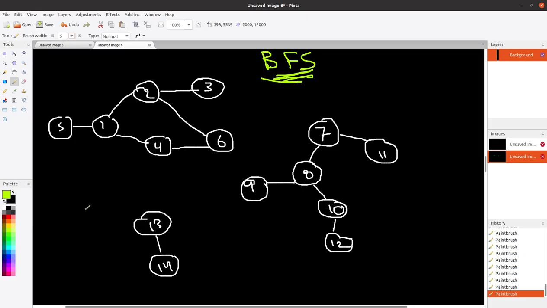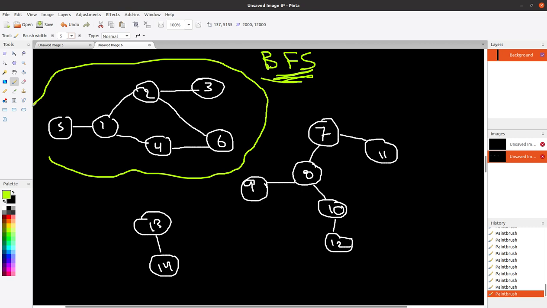So we need to do PFS. We will start from group or set 1, and as we said, we need to do PFS for every node. So if we start from node 1, we have a queue, and we push this node into the queue, so the queue will have value 1, and then we pull all the nodes that are in the queue, or from the last level count.